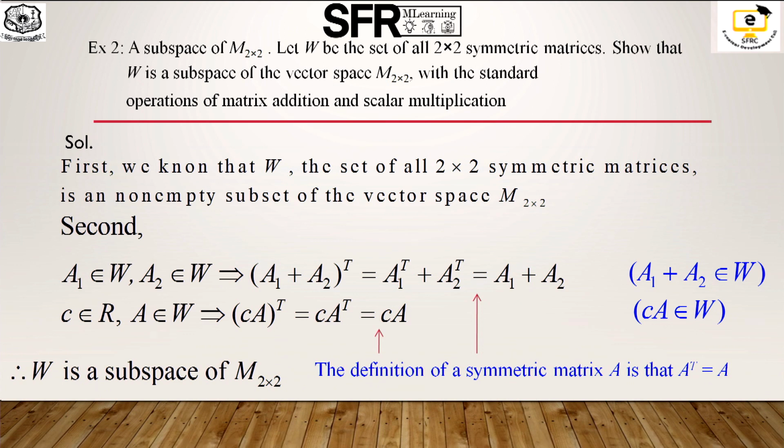By the definition of a symmetric matrix, we have A transpose equal to A, hence CA transpose equals CA. Hence the third condition is also met. Therefore, we have a non-empty set, vector addition is also satisfied and scalar multiplication is also possible in the given subspace of M2 cross 2 matrices. Therefore, W is a subspace of M2 cross 2.